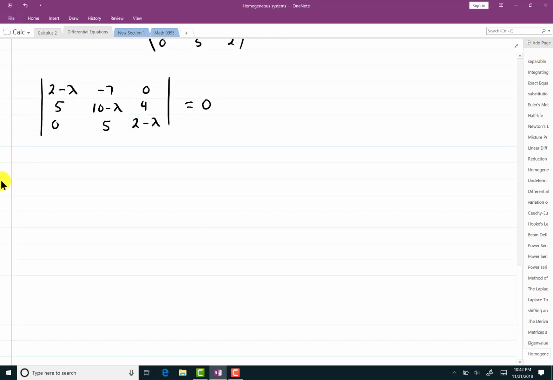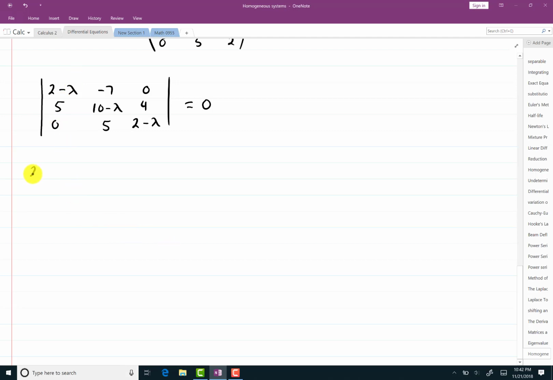For the computation of this determinant, I've done it before, but I'll do it again. You can go across a row or you can go down a column. Any row you want, any column you want. I would typically choose the row or column that has the most zeros so that I minimize how much work I have to do. With that being said, I'm going to start and go along the first column.